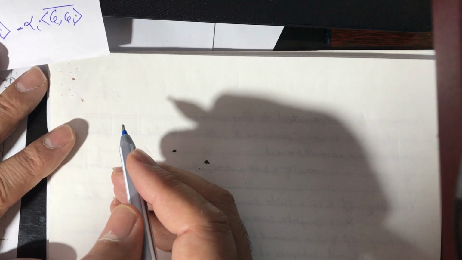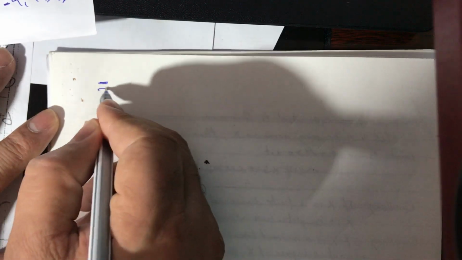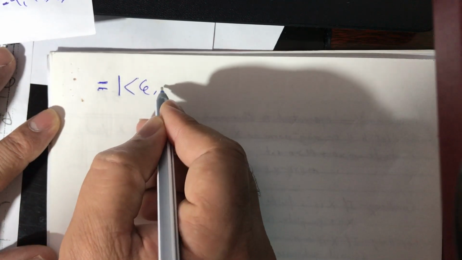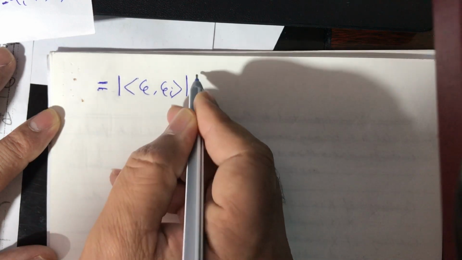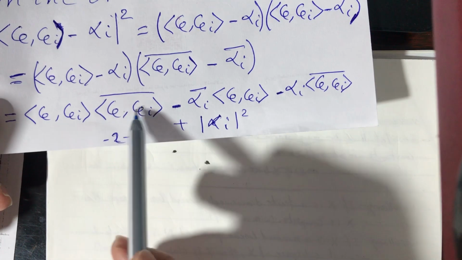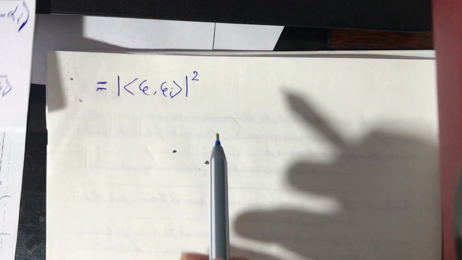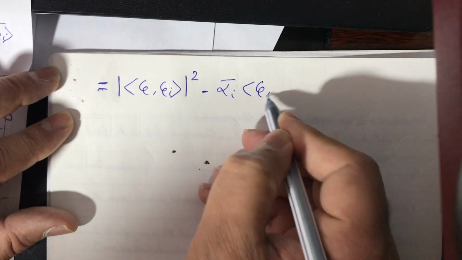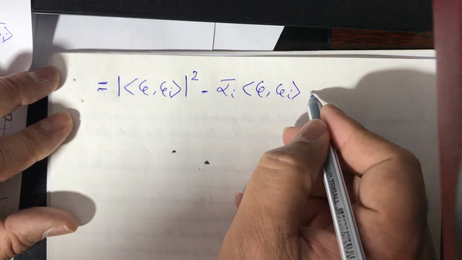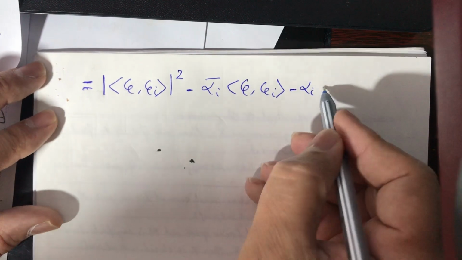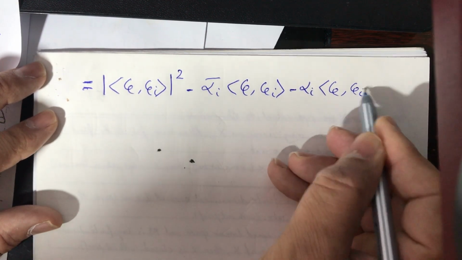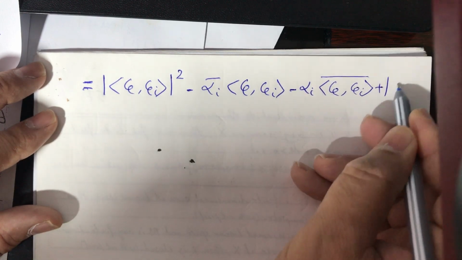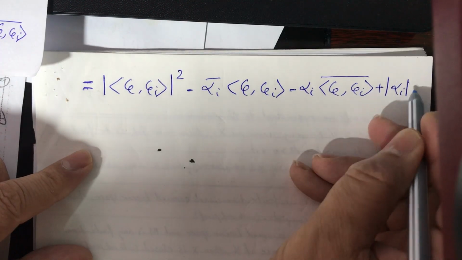Now we can say this will be equal to the absolute value of phi i squared, because this is the same, from the definition of complex analysis, minus alpha i conjugate phi i, minus alpha i phi i conjugate, plus alpha i squared.